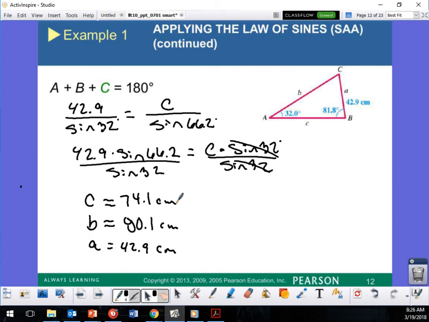So which one has to be the largest side? Little b. Very good. So the largest angle always goes with the largest side. The smallest angle goes with the smallest side. That would be my A and little a, right? Does that make sense? So the larger the angle is, the longer it is to connect those points.